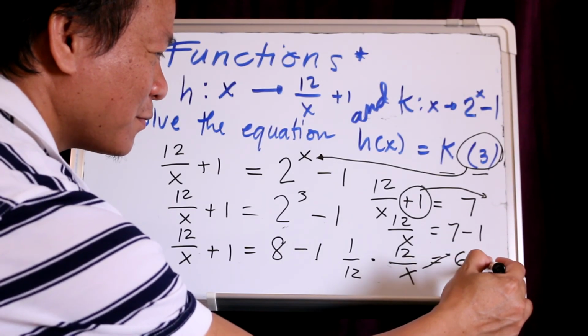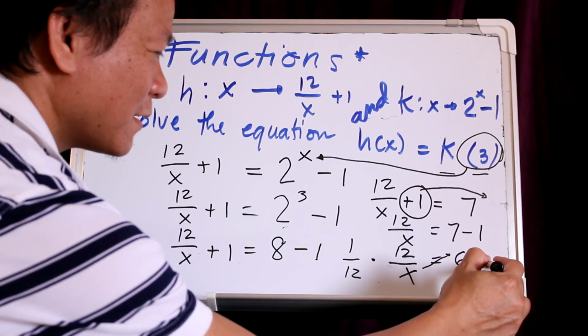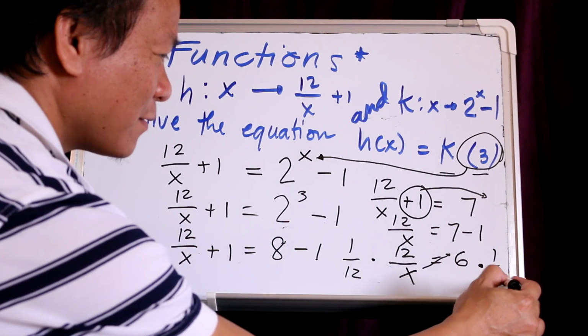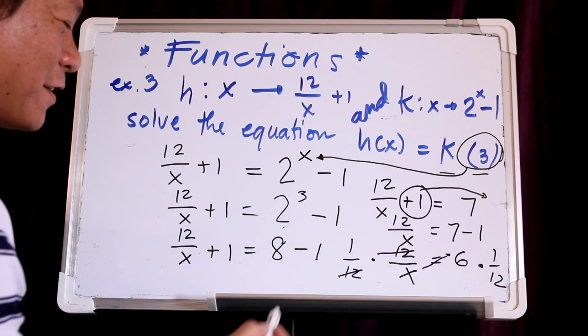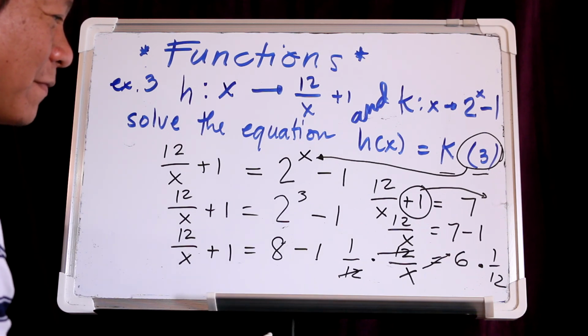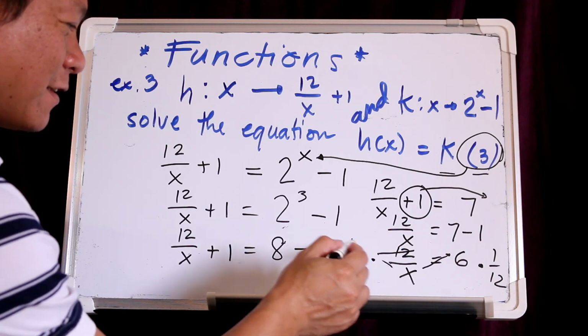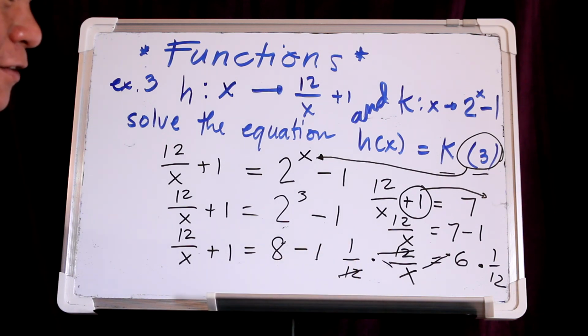So times 1 over 12, the 12s cancel out, right? And then this side also here, you have 1 times the x.